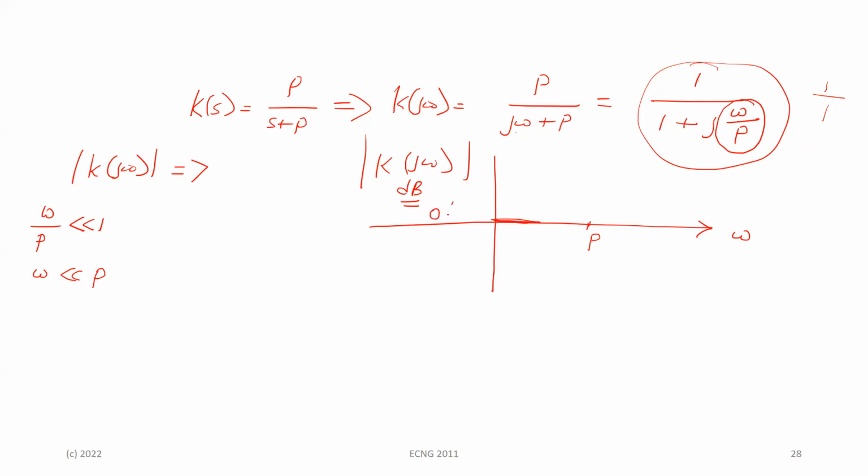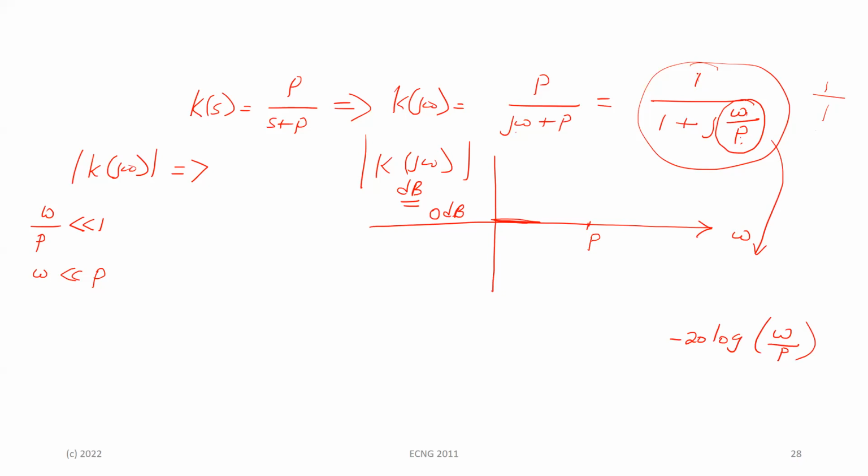This is 0 dB. Let's go the other way now. What happens if omega over P is much greater than 1? If omega over P is much greater than 1, then this entire transfer function basically becomes minus 20 log of omega over P.